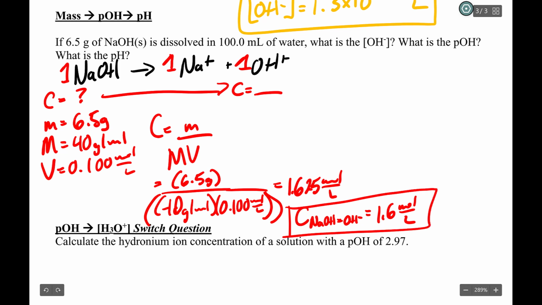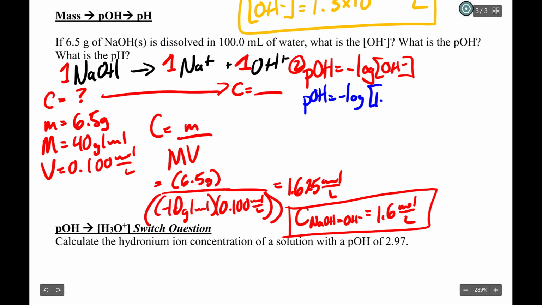Now, in order to get the pOH, I'd have to take the negative log of the hydroxide ion concentration in a second step. If I do that, pOH is equal to the negative log, and not my rounded number, I keep everything with it, so 1.625, I get an answer of negative 0.2108.